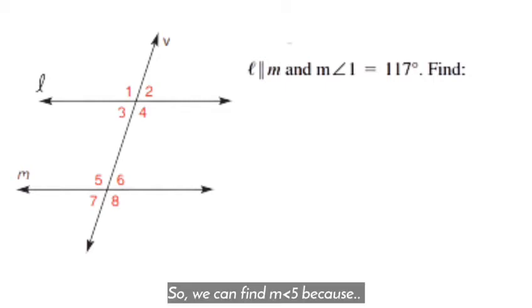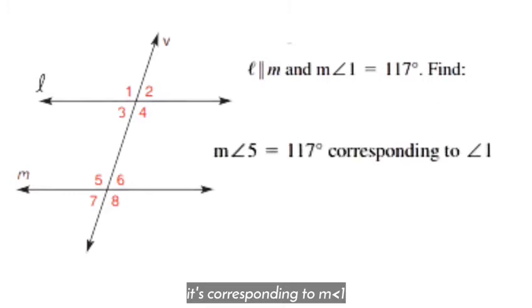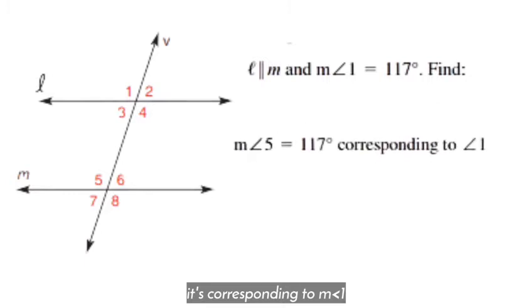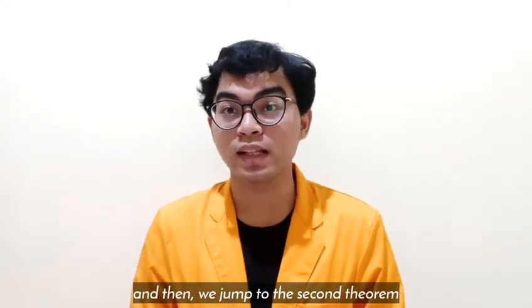So we can find the magnitude of angle 5 because it corresponds to angle 1. The magnitude of angle 5 is equal to 170 degrees.